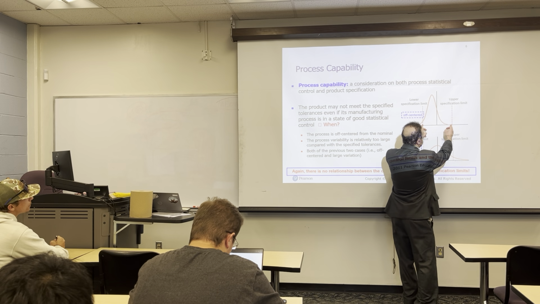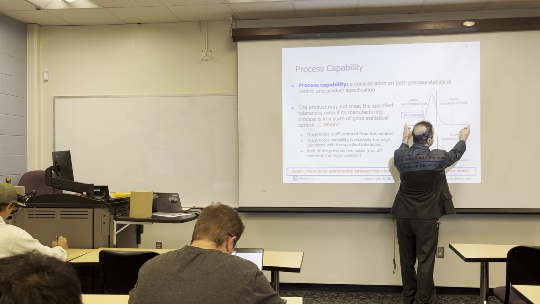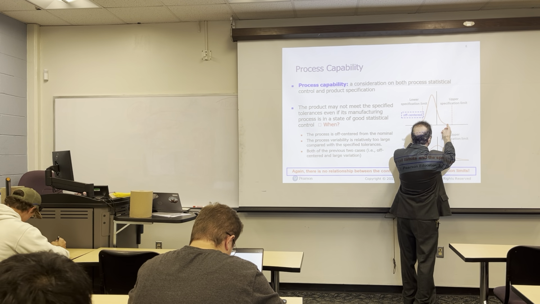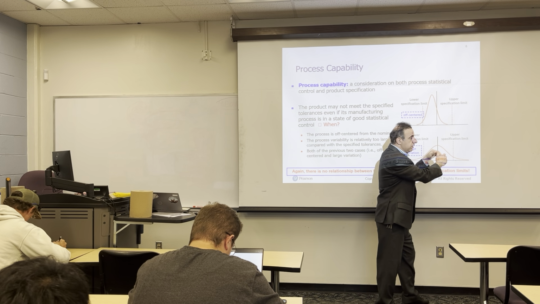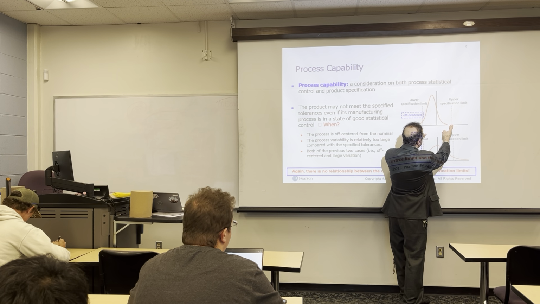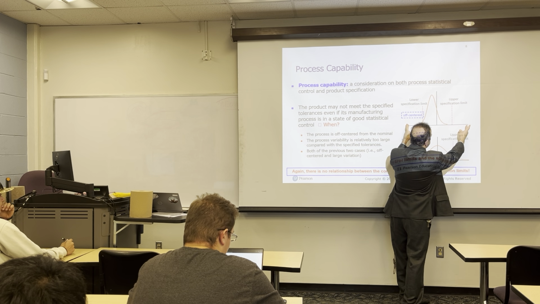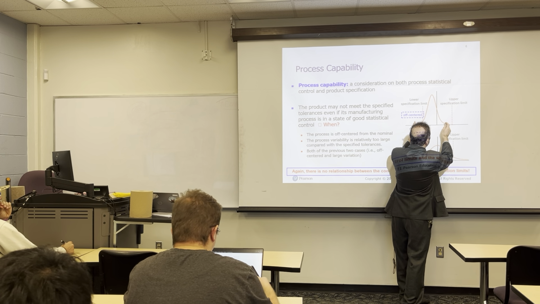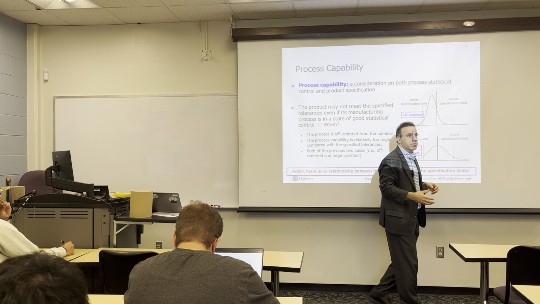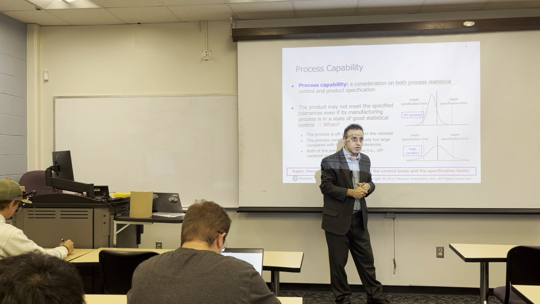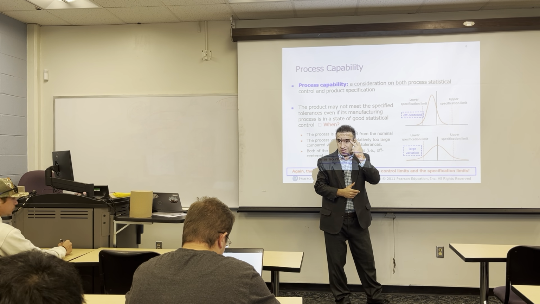It means this one is wider than this ratio. Make sense? This is 6S, and this is the upper part. If this one becomes larger, and you divide it by this, your Cp is going to be larger than 1. Make sense? Right?